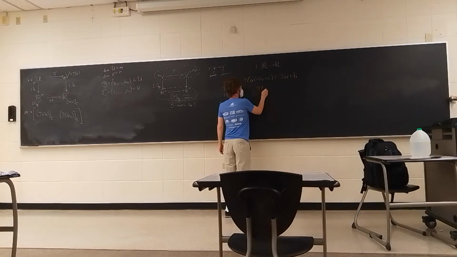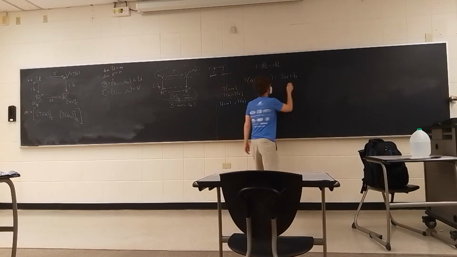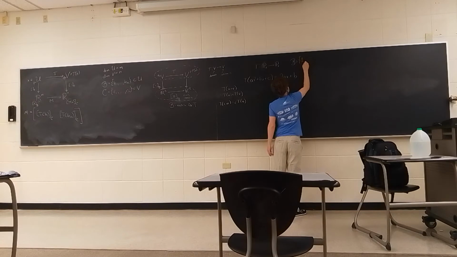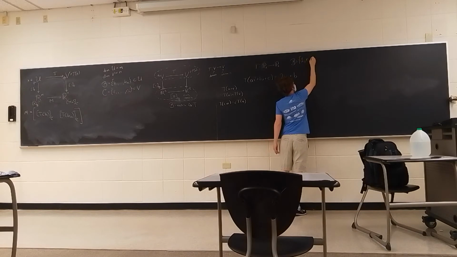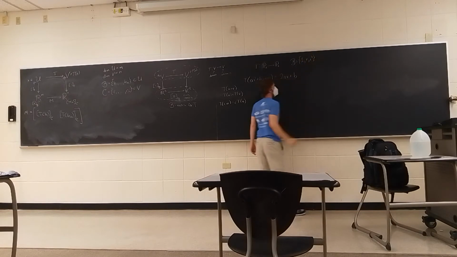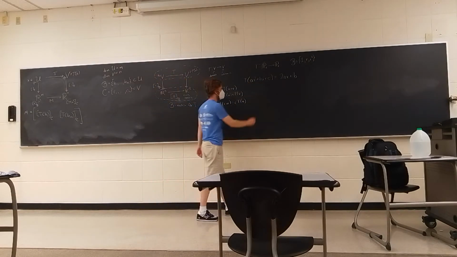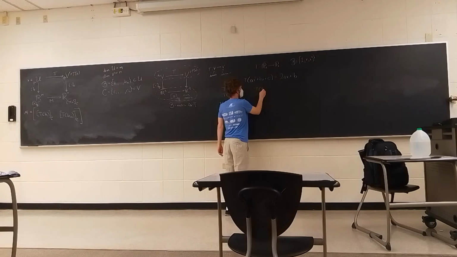Okay. So what's the standard basis for this? The standard basis is 1, x, x squared. What does T do to each of these things? T of 1 is 0.